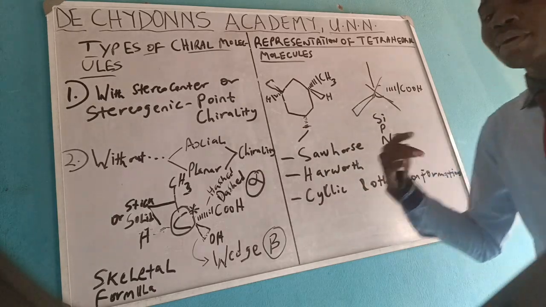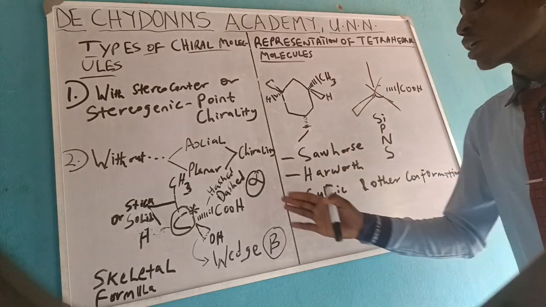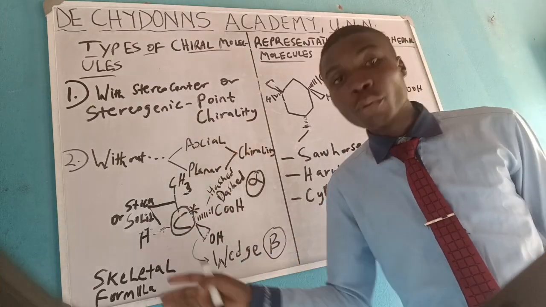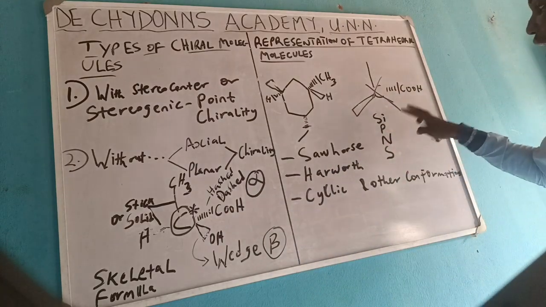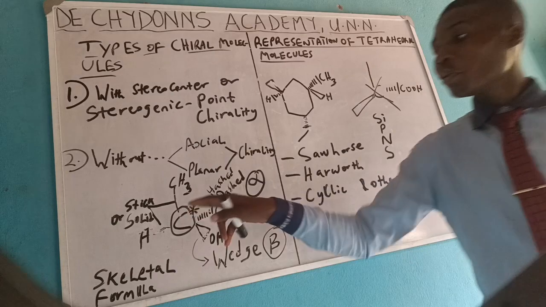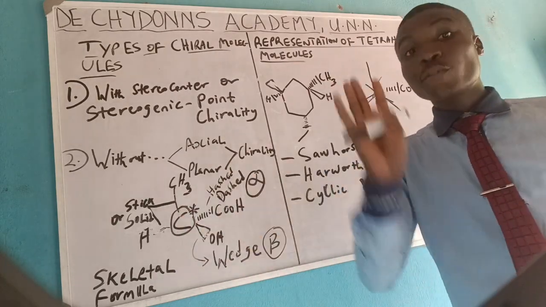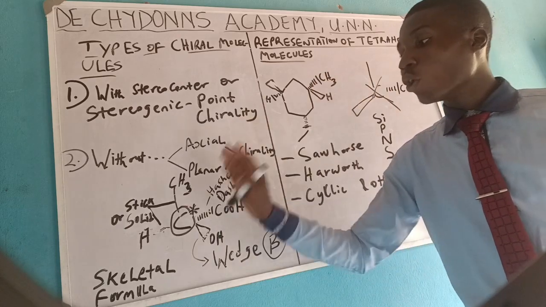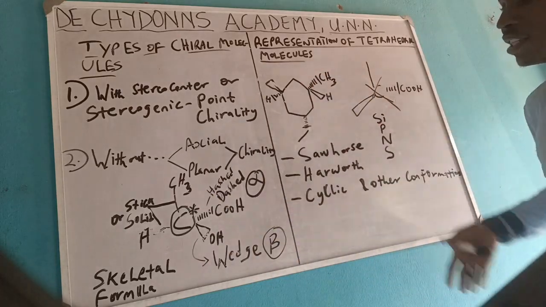But what you basically need to understand is how to identify chiral centers. The moment you can work it out with carbon, you can make progress with these other ones, because they are not difficult, especially when you have understood the carbon aspect. The idea behind it is we have four different substituents on that particular carbon, and with that you can also relate with it.